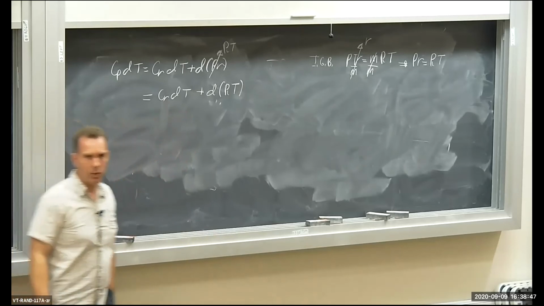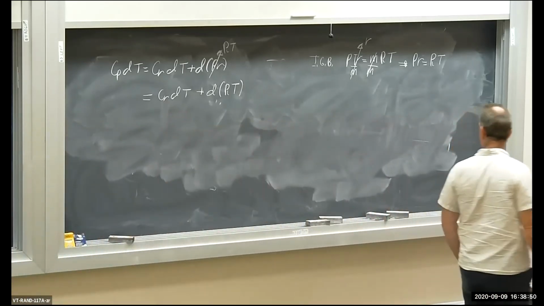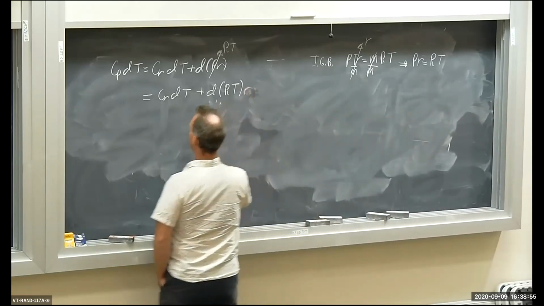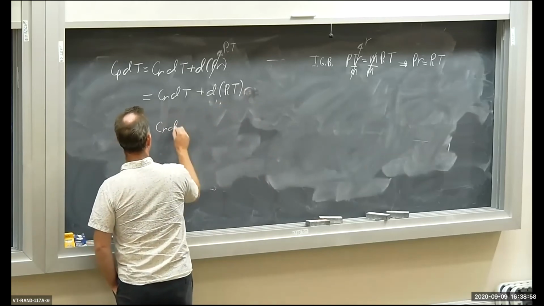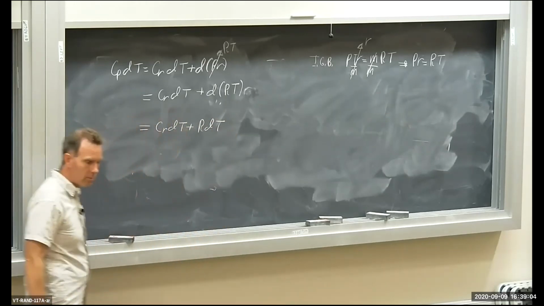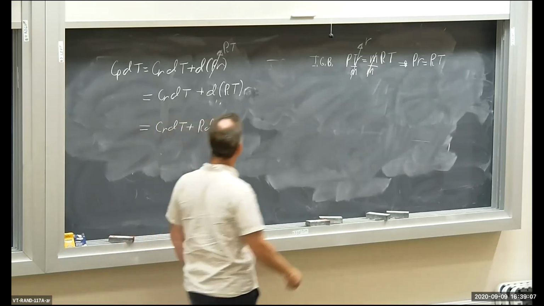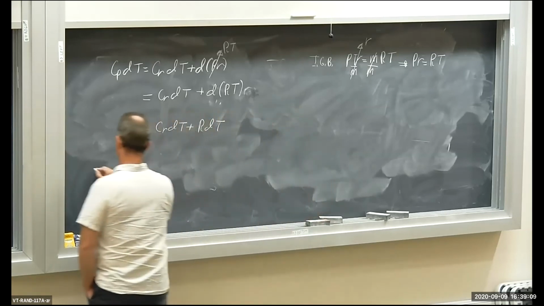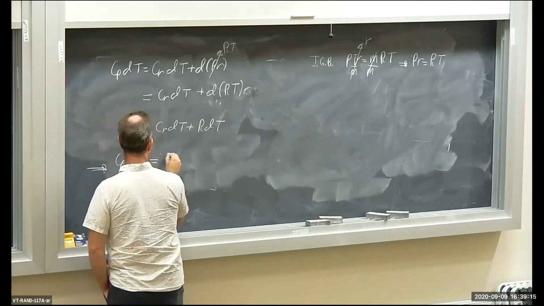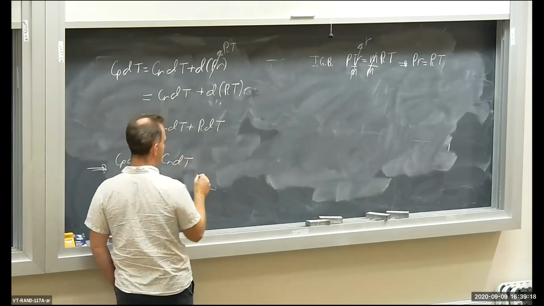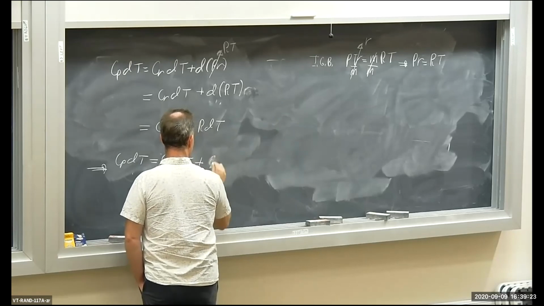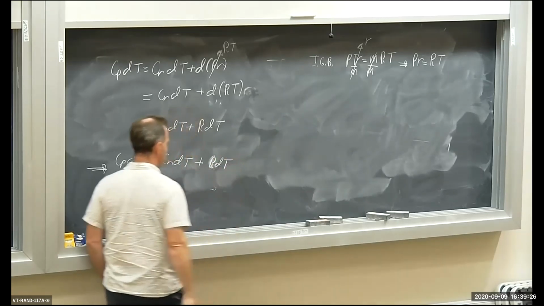Now, R is the gas constant. It is a constant, so it comes out of the differential. So this is equal to Cv dT plus R dT. Let's write down what I got. Cp times the differential change in temperature is equal to Cv times the differential change in temperature plus R times the differential change in temperature.